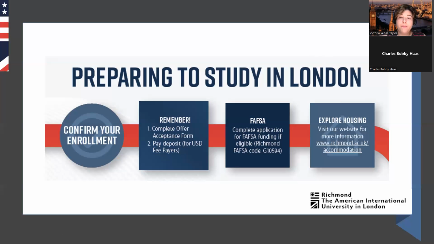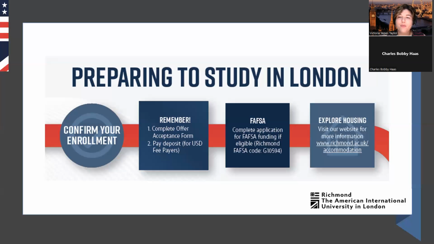And the second one, if you are a US dollar fee payer and an undergrad, is to submit the $500 tuition deposit. There's more info about that on our Making Payments page. If you are a postgraduate, or like we say in the States, graduate student, there is not a deposit, or if you are a non-US dollar fee payer, there is not a deposit. It's just the offer acceptance form.